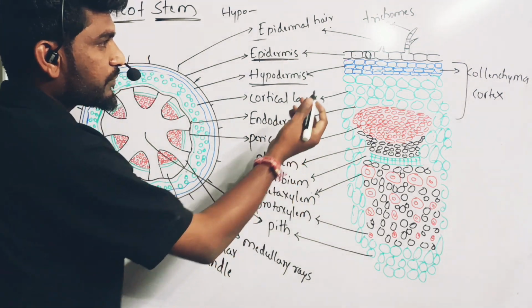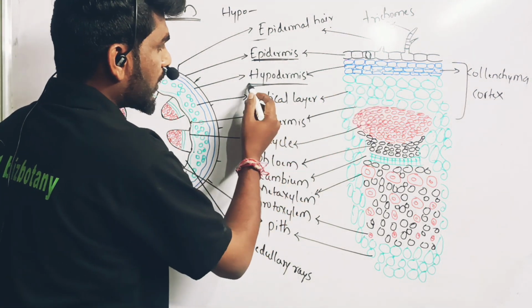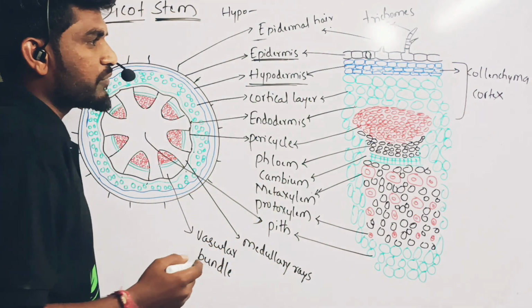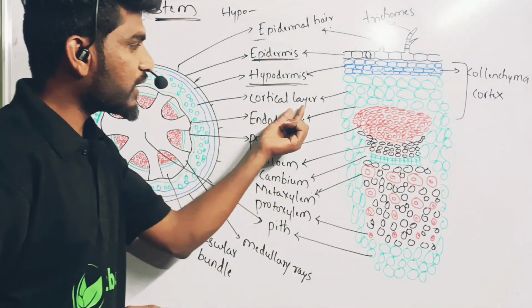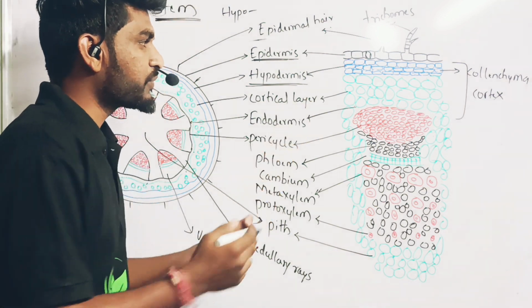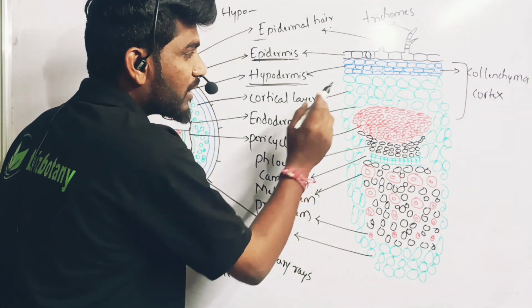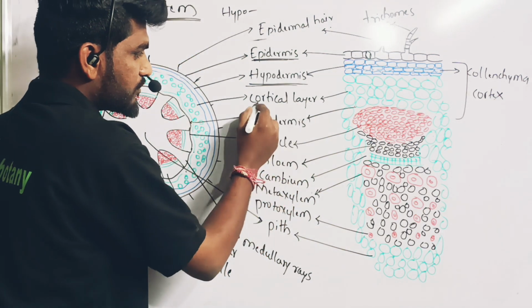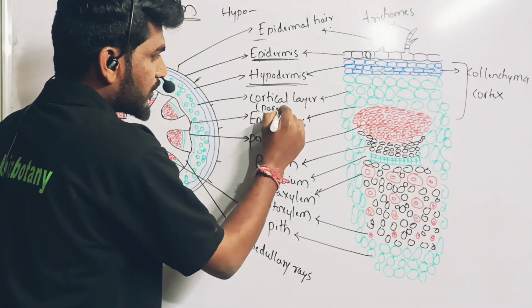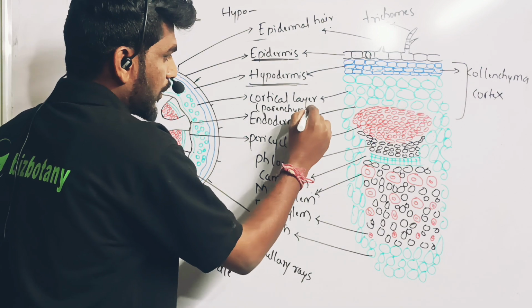Below the parenchyma or hypodermis, we have a cortical layer which is made up of rounded, thin-walled parenchymatous cells. How are they?